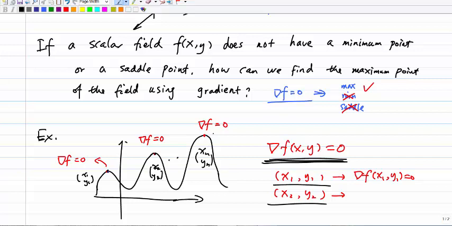Which means when you set the gradient to be 0, you may have multiple points.